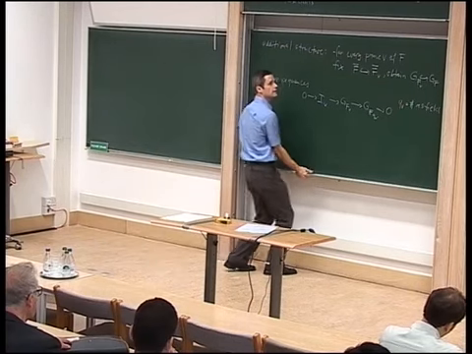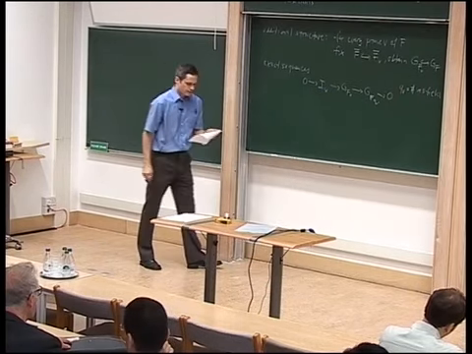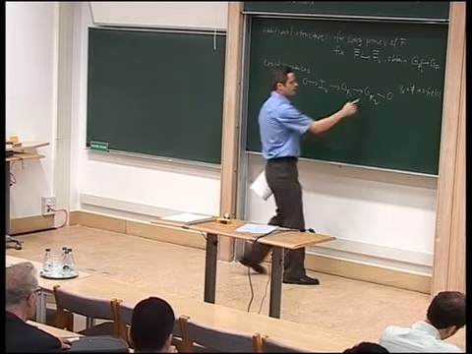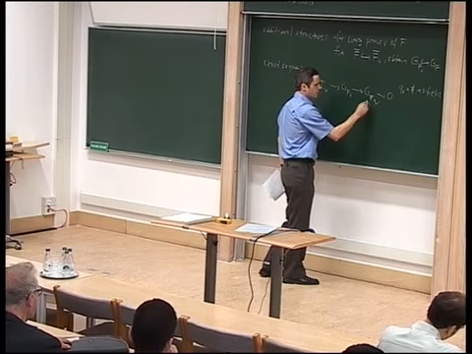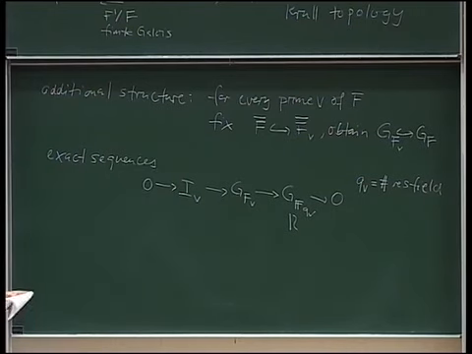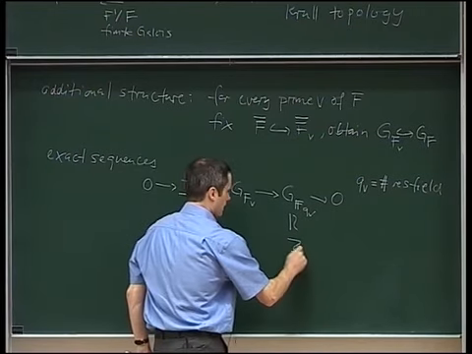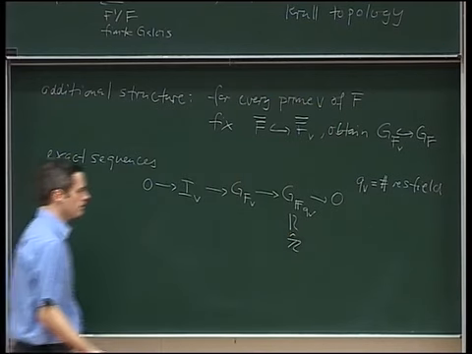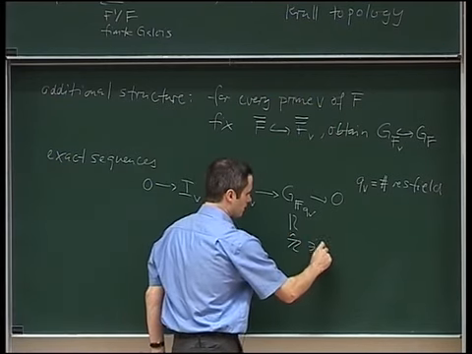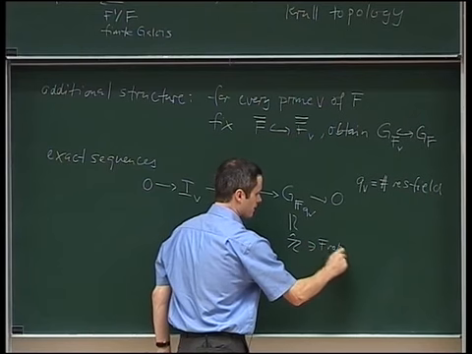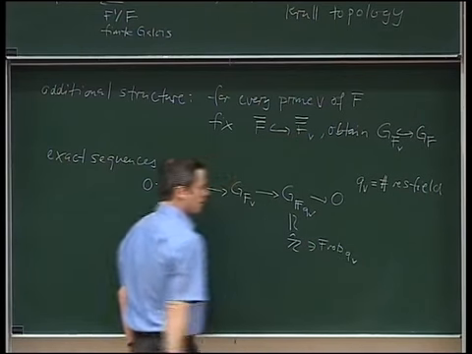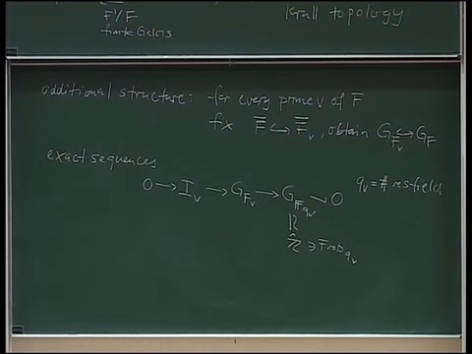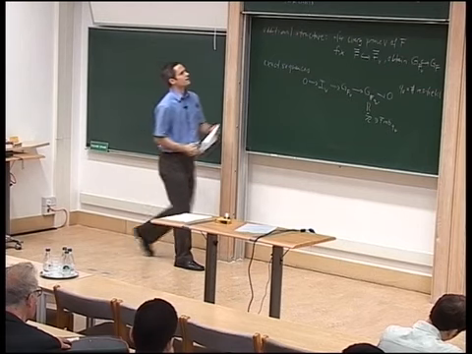And as we all know, this absolute Galois group is procyclic, and one can choose a topological generator. And at this point, I guess I need to make some choice.